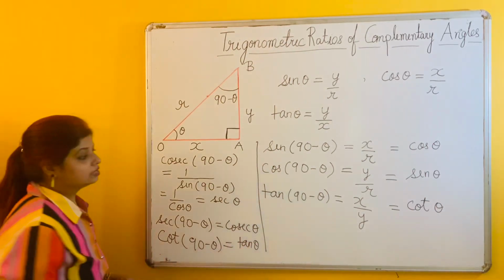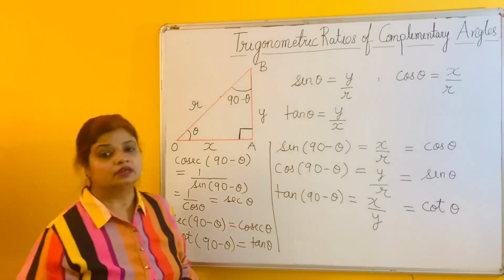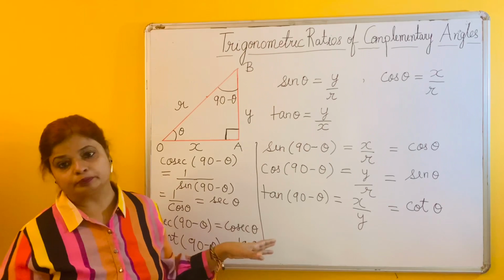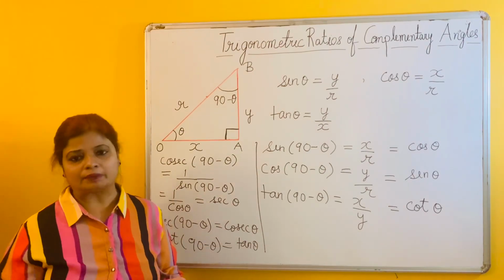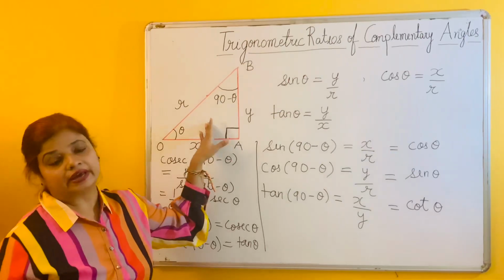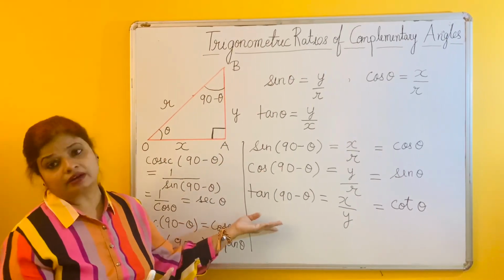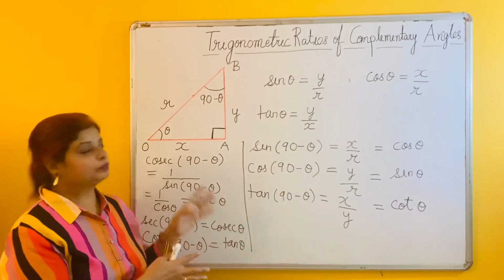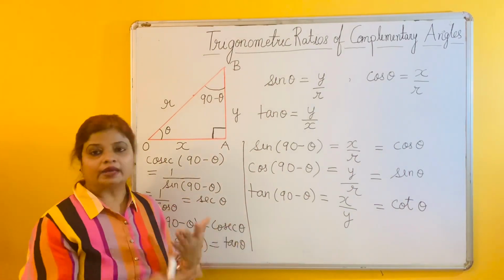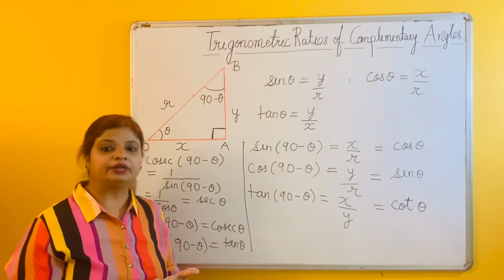I have explained this so that you would know how you can prove it. Proofs sometimes come, sometimes don't, but you need to understand how these things come up. Once you understand this, you'll be using it directly in the problems.